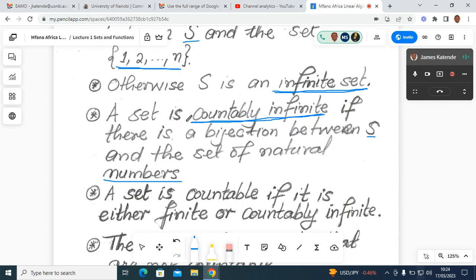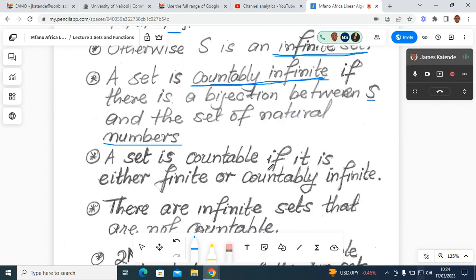If you have a bijection from a set to the natural numbers, then the set is countably infinite. An example of a countably infinite set is the set of rational numbers. We will not prove that here, but you can look it up. Another example is the set of integers, and so on.